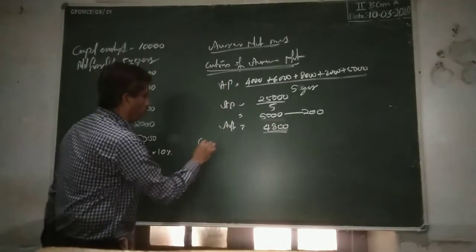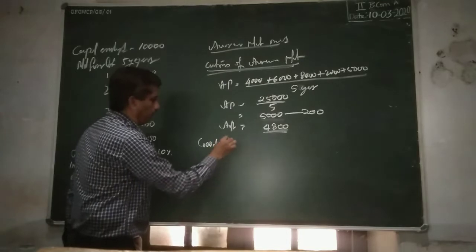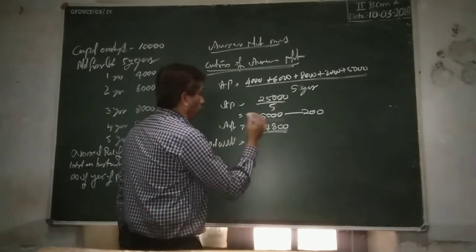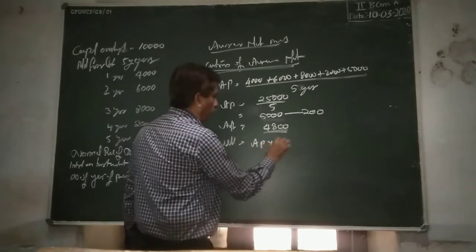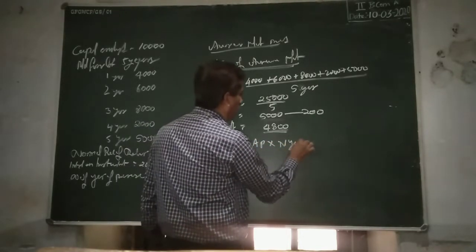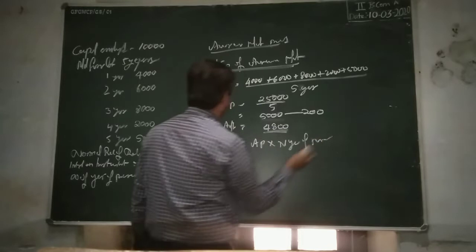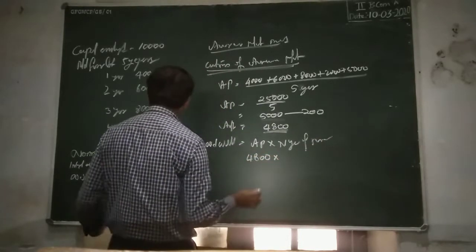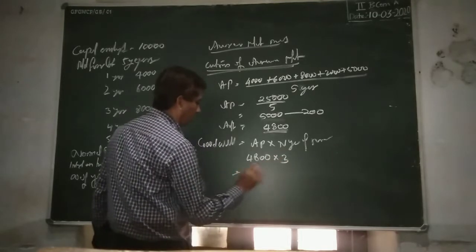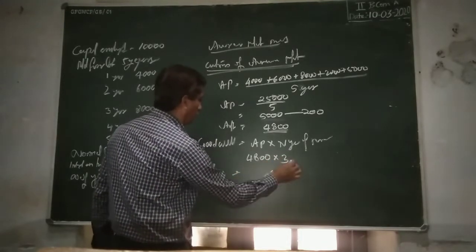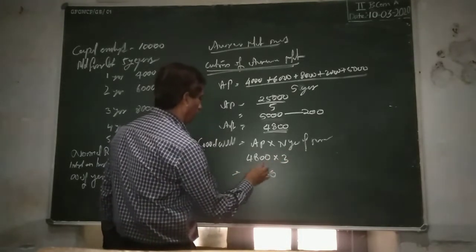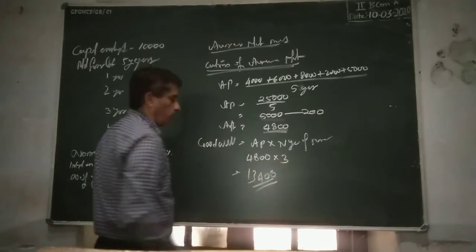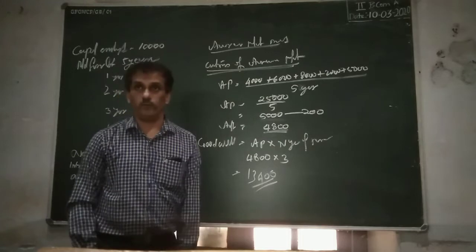Now, goodwill is equal to average profit into number of years of purchase. So 4,800 into the number of years of purchase, 3 years. Goodwill is 14,400.